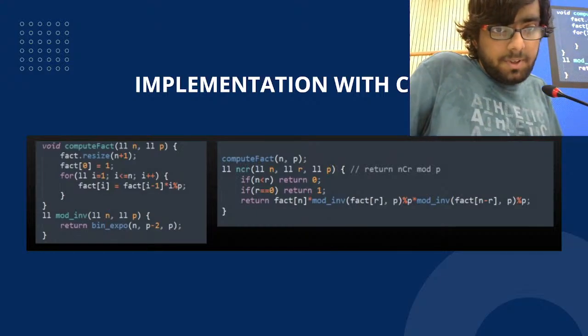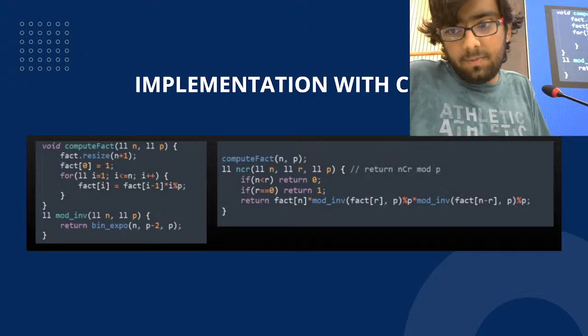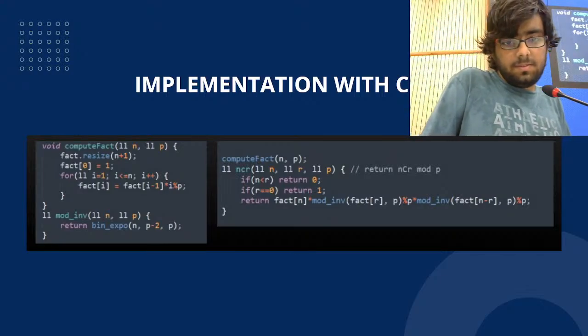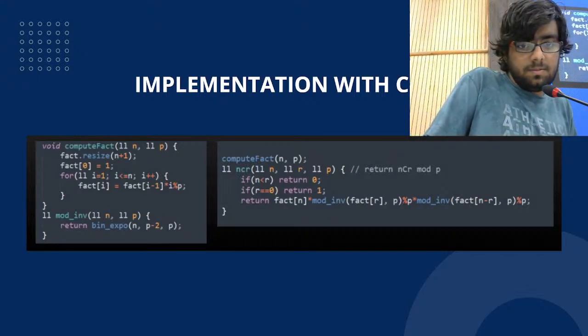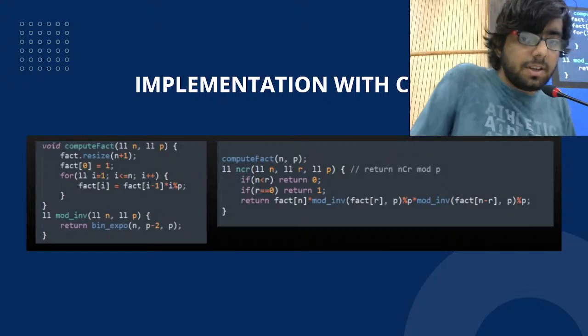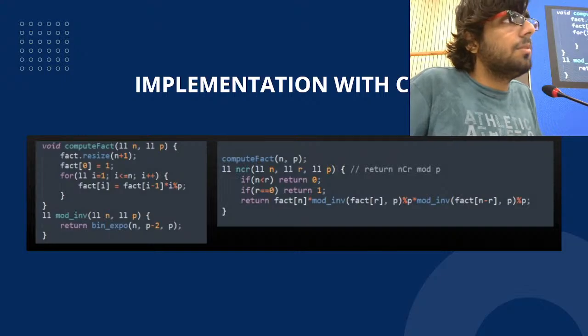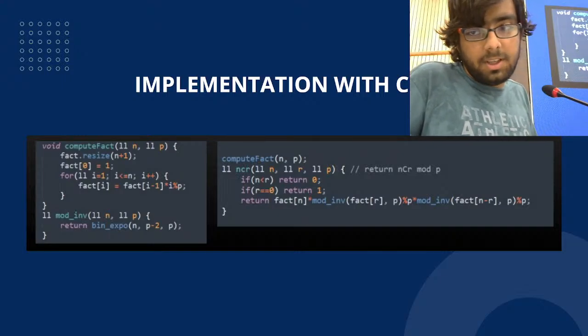So ये है implementation. So compute factorial function just basically computes the factorials. Modulo inverse returns the modulo inverse, of course, power p minus 2.